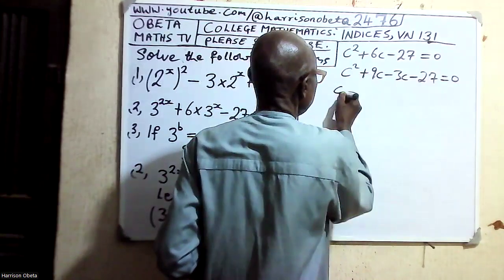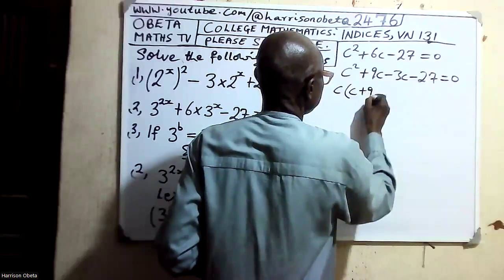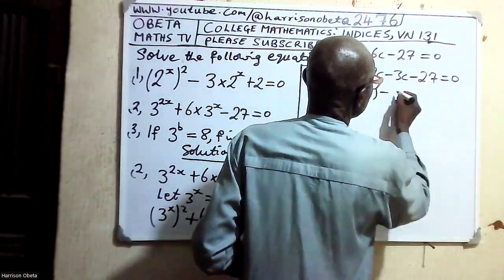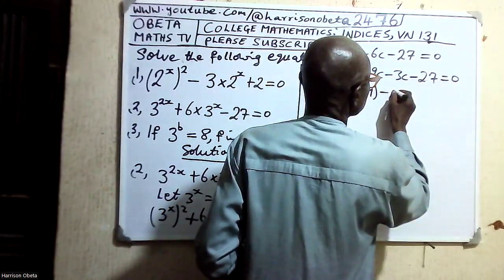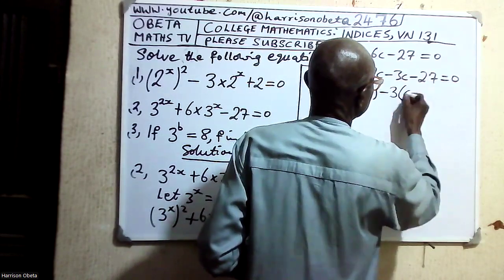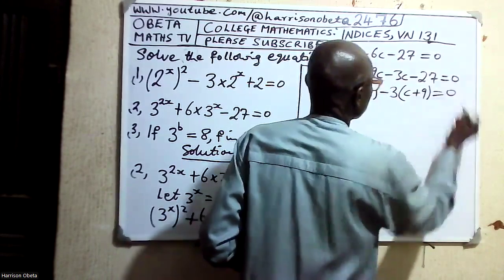We have c bracket c plus 9 minus, what is common here? We have the 3 bracket c plus 9 equal to 0.